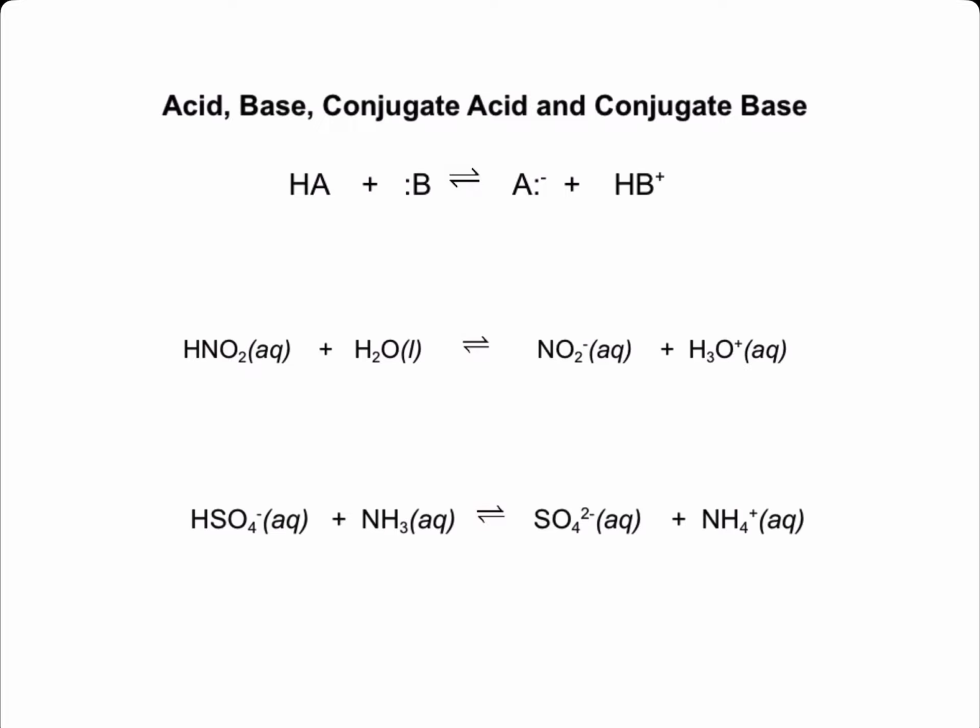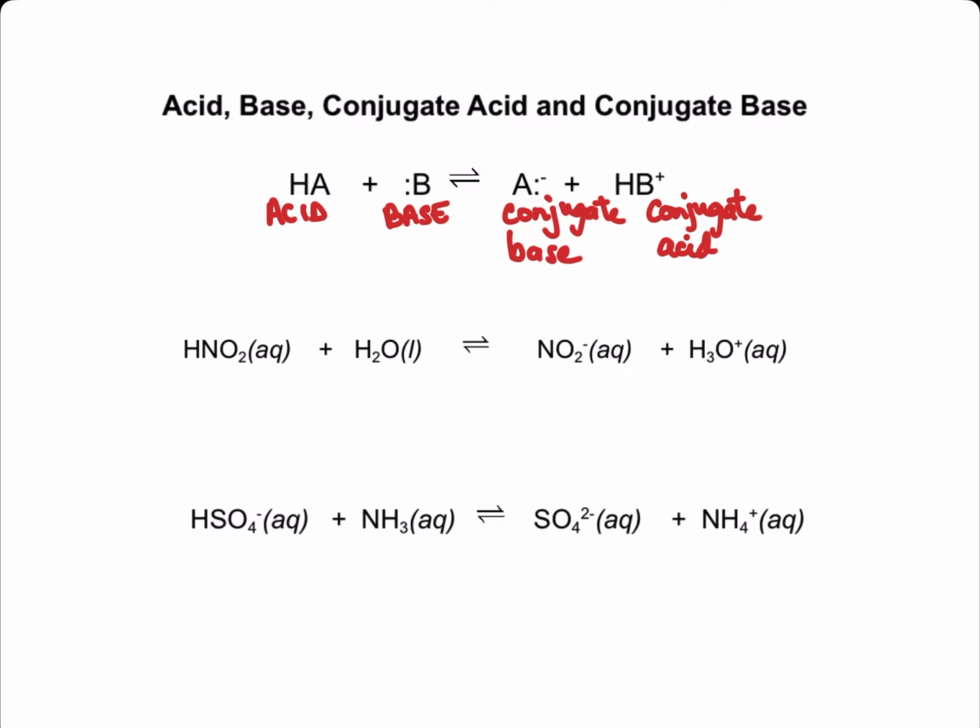So something that gives up a proton is called an acid, and the result is called the conjugate base. B has no protons but ends up with 1 proton on the product side. So B accepts a proton. This is called a base, and the result is called a conjugate acid.